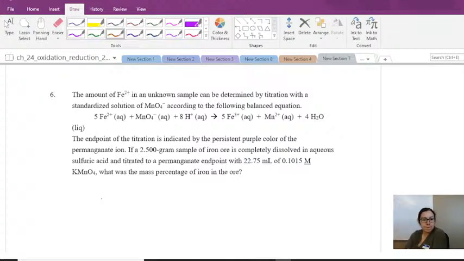Is this in our most recent homework? Yeah, so it should be in that packet. Yeah. 2.5 aqueous sulfuric acid. Where's this one?